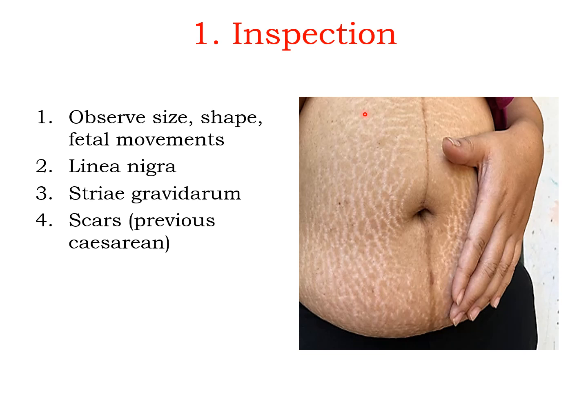Here you need to check for any redness because of excessive itching. And scars, see whether there are any previous cesarean scars or any lower abdominal surgery done. Inspect for that as well.